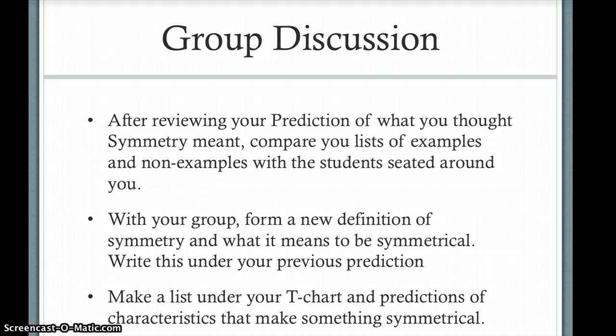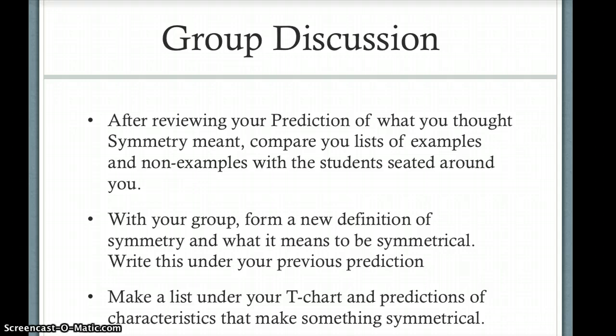I want you to make a list under your T-chart and predictions of characteristics that make something symmetrical. So I want you guys to make a list. After you come up with your definition, I want you to make a list under your T-chart and under your predictions. I want you to make a list of characteristics that make something symmetrical.